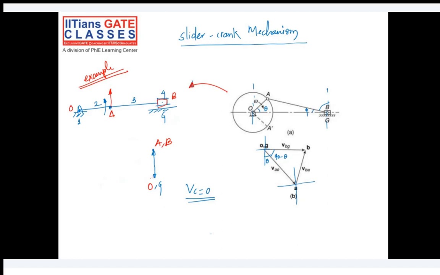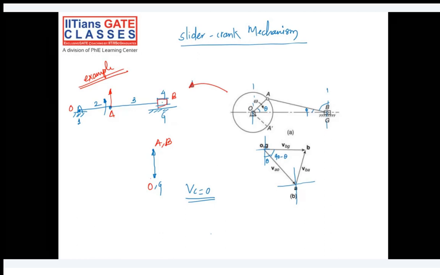And the velocity of link AB will be 0 in this case, because this is the extreme edge, or the extreme end the slider can go. The slider will not be able to move after that, and that's why it's 0.